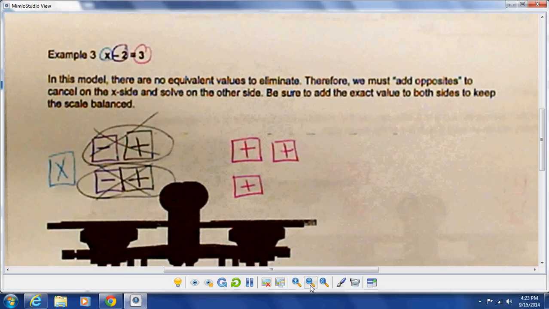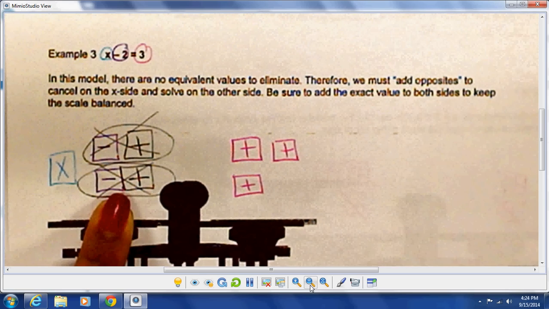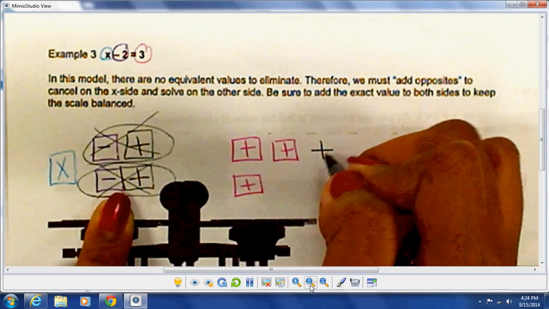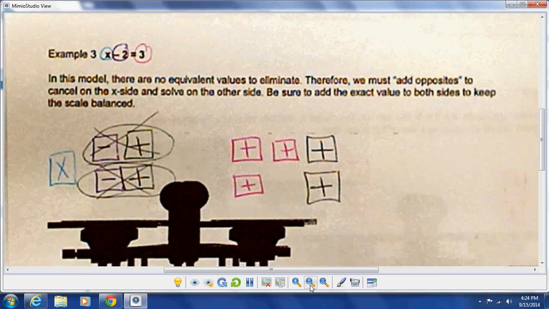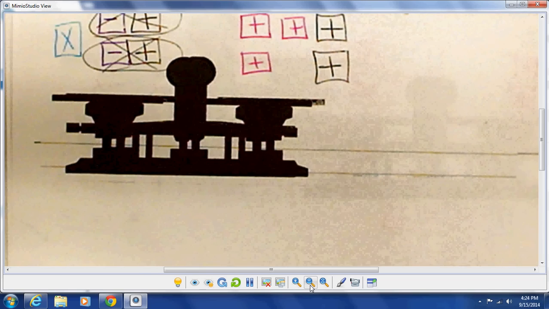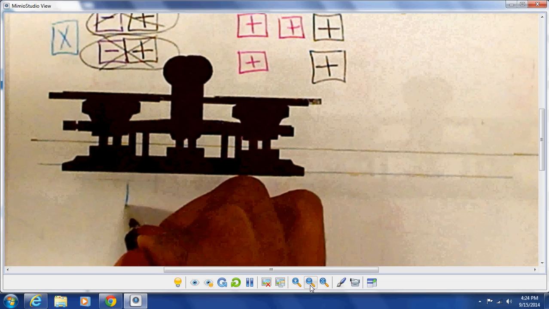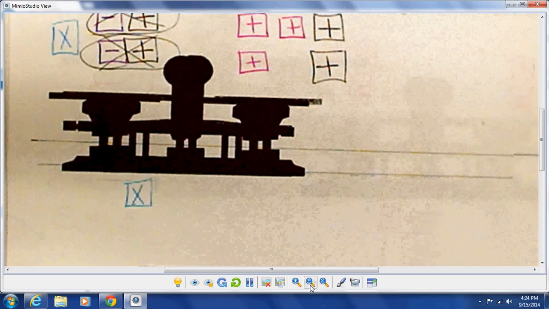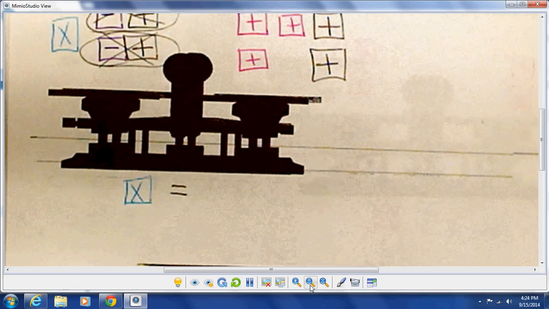Now remember, this balance says whatever I do to one side, I must do the same thing to the other side. So since I added 2 positives to the left side, I'm also going to have to add 2 positives to the right side as well. So now what I actually have is my x. And it equals, and I actually have 5 positives now.